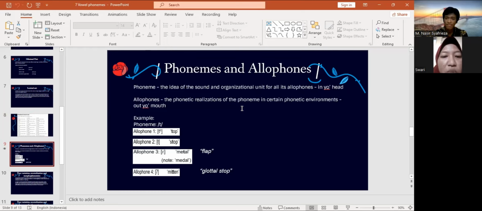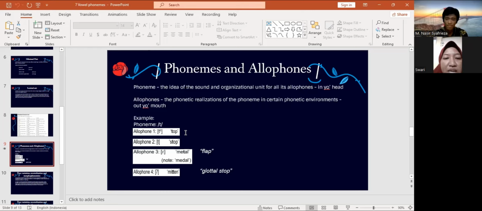An allophone is the phonetic realization of the phoneme in a certain phonetic environment. For example, the phoneme T. The first allophone is like TH, as we say in top. Allophone number two, we can say stop.